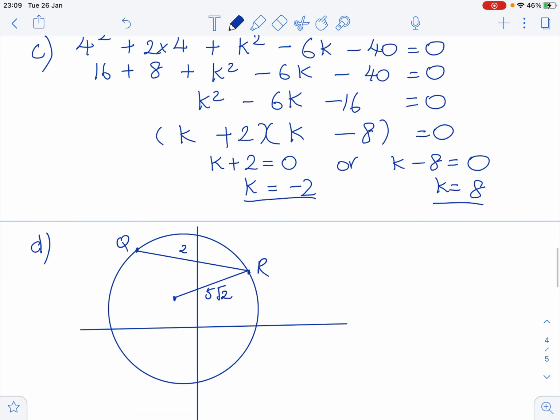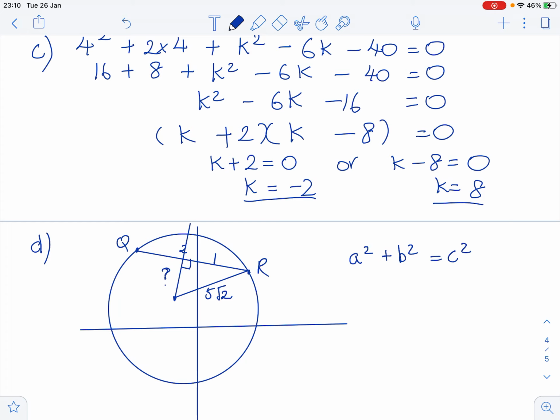So the shortest distance from C to QR must be perpendicular. Therefore, it's a Pythagoras question. Remember, this is not a correct sketch, but this should be a perpendicular bisector. So this length here should be 1, and we want to find out this distance here. So a squared plus b squared equals c squared.